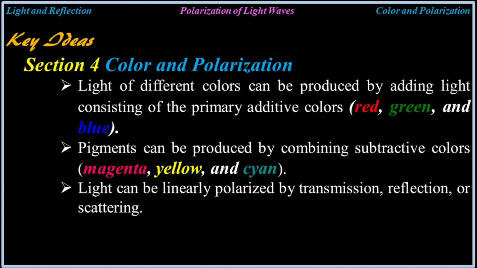Light of different colors can be produced by adding light consisting of primary additive colors, red, green, and blue. Pigments can be produced by combining subtractive colors, magenta, yellow, and cyan. Light can be linearly polarized by transmission, reflection, or scattering. And this ends the chapter on reflection of light.